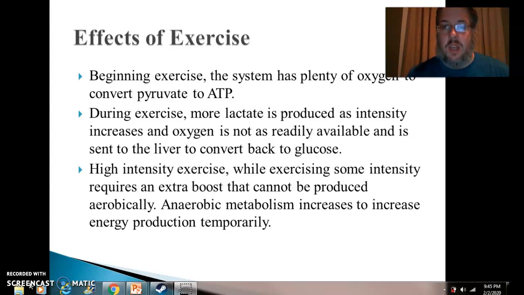This is actually good, because it provides the energy that our muscles need as energy gets consumed, and it converts the lactate back into glucose and gives us the energy that we need to continue on with exercise.